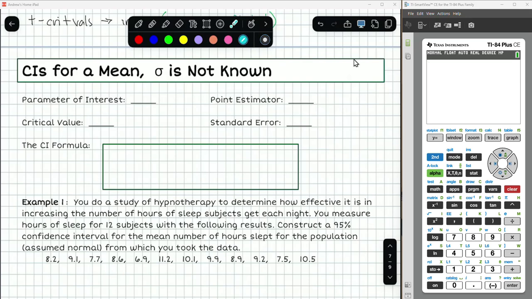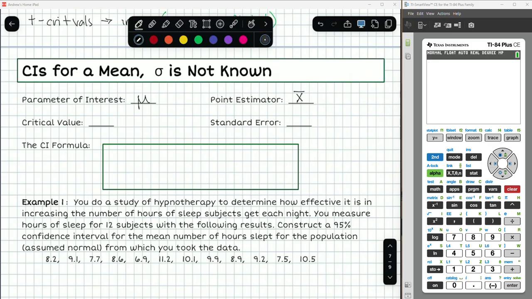All right, in this video, we're going to go ahead and talk about constructing confidence intervals for a mean when the population standard deviation is not known. So in this case, the parameter of interest is still mu. I'm still looking for a population mean, which means my sample statistic, my point estimator, is still x bar.